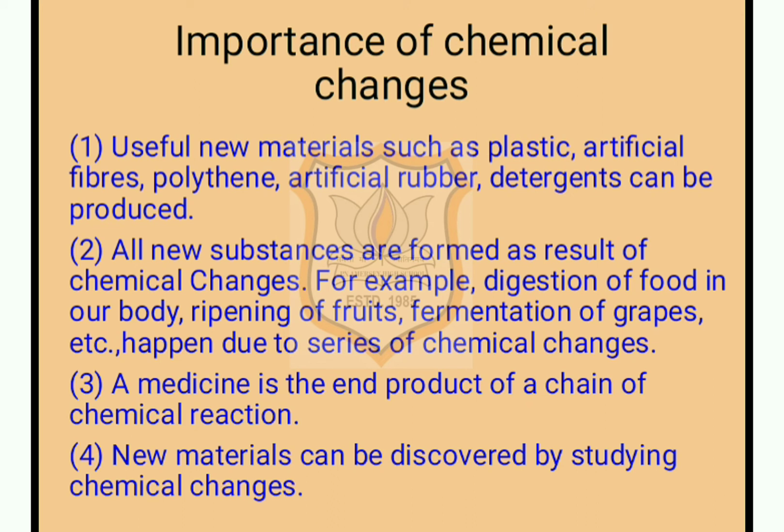For example, digestion of food in our body, ripening of fruits, fermentation of grapes, etc. happen due to a series of chemical changes. A medicine is the end product of a chain of chemical reactions, and new materials can be discovered by studying chemical changes.